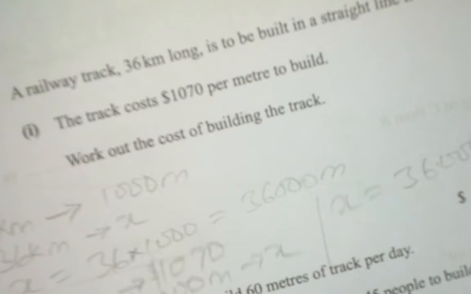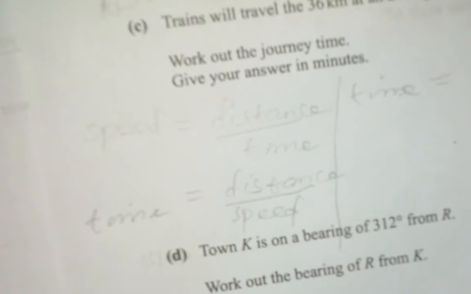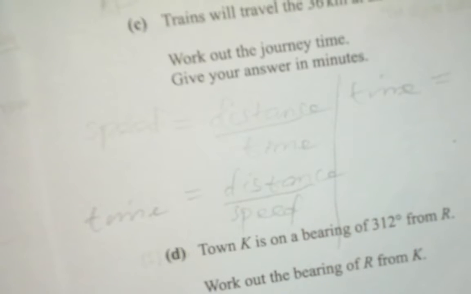So I'm going to subtract 312, which is the bearing given to us, from 360 degrees to get an angle that I can measure with a protractor. 360 minus 312 gives us 48. So what we need to measure is 48, but in this case we're going to measure in the anti-clockwise direction.